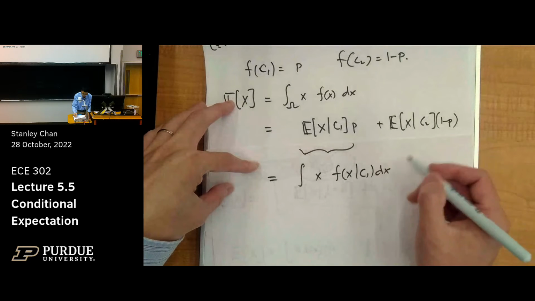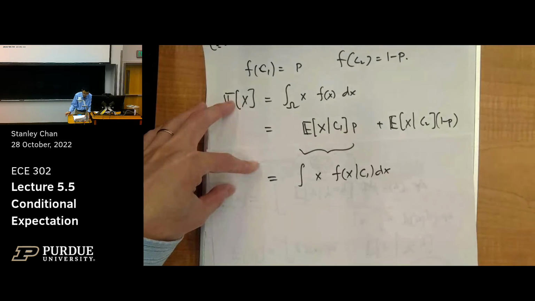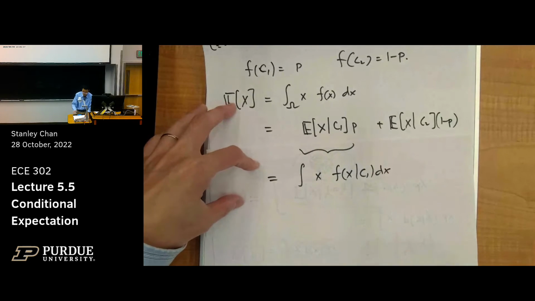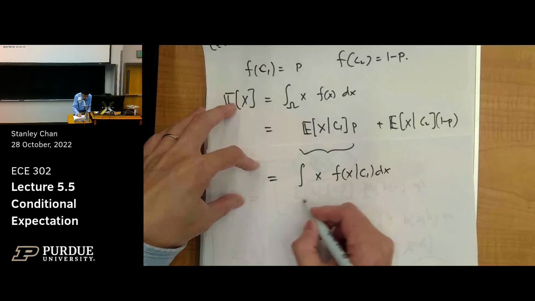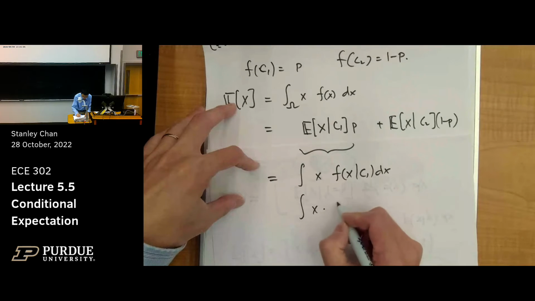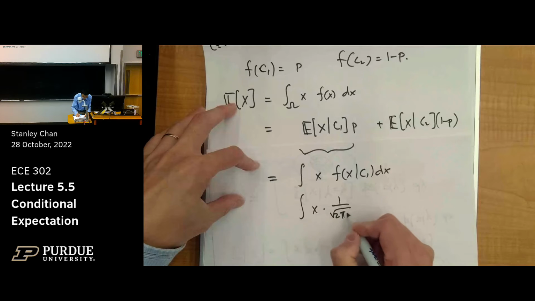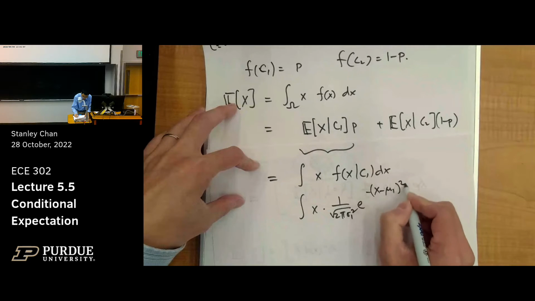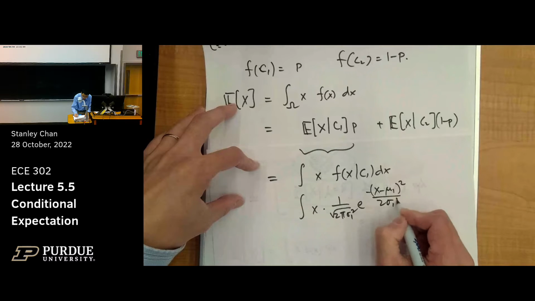The other one will, of course, replace the c1 by c2. But let's ask, what is this? Well, you say, okay, I have a formula. This is the integral of x times 1 over root 2 pi sigma 1 squared, e to the minus (x minus mu 1) squared divided by 2 sigma 1 squared, dx.